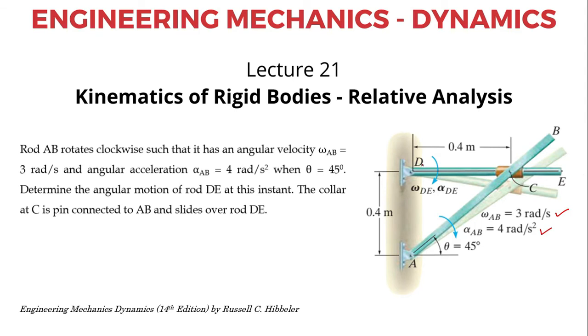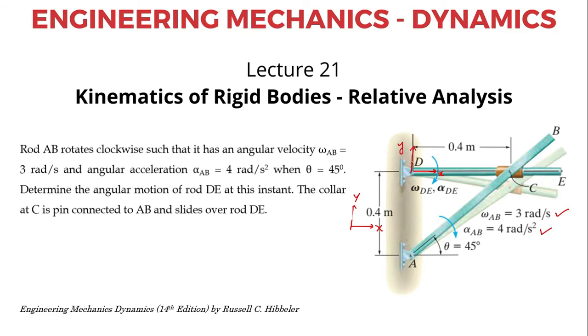Since this is a question of planar motion, I'll take only the xy axes. I will fix my xy axes somewhere on the ground, say here. And I will fix my secondary reference frame, small xy, somewhere here like this.